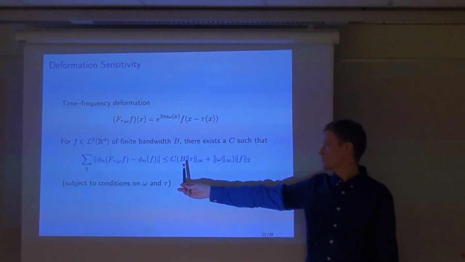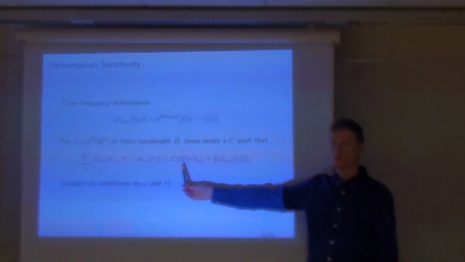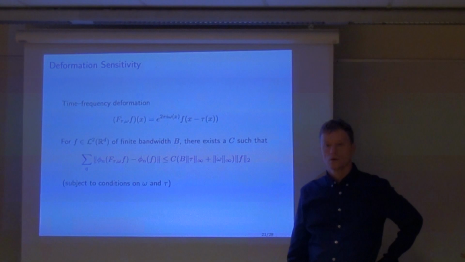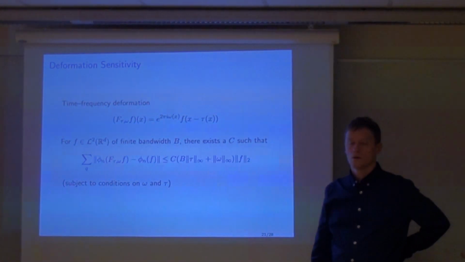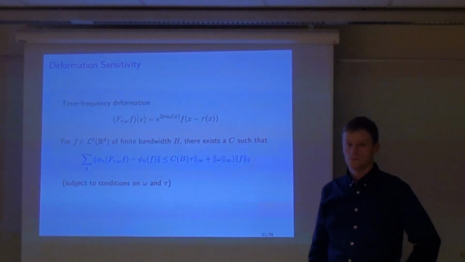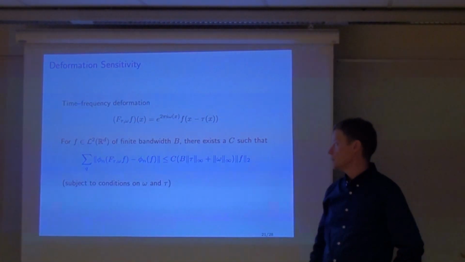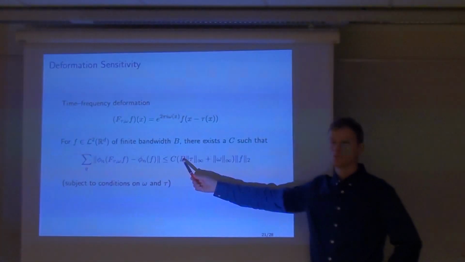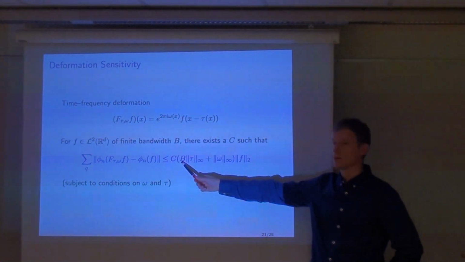You wouldn't get bandwidth in as a parameter. Because it's very similar to some results of reproducing kernel Hilbert spaces, where you have a similar condition, but then there are some results showing that you don't really need to have finite bandwidth. I assume that will work, but then this is not as simple. I mean, here you only get the bandwidth times.